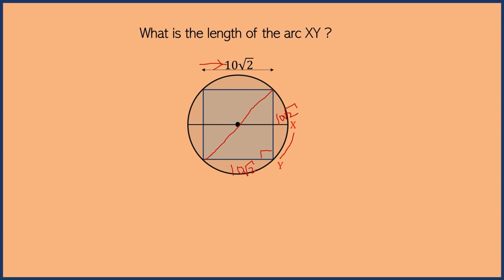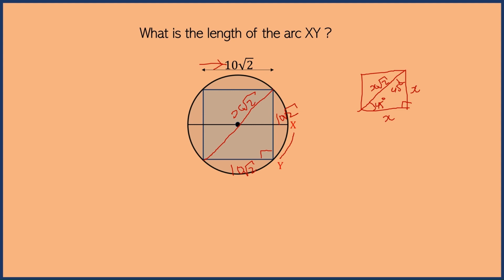And if you look at a square by itself, just to apply Pythagoras theorem, if you split this in half, this is 45 degrees, this is 45 degrees, and this is x, and this should be x root 2 for a square. So if that's x root 2, then this should be x root 2.